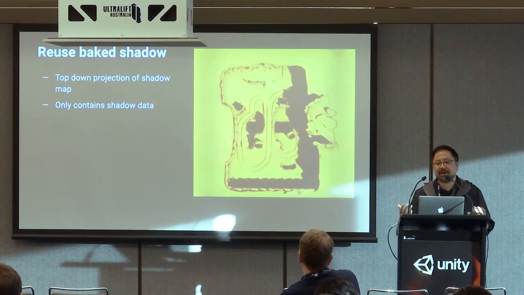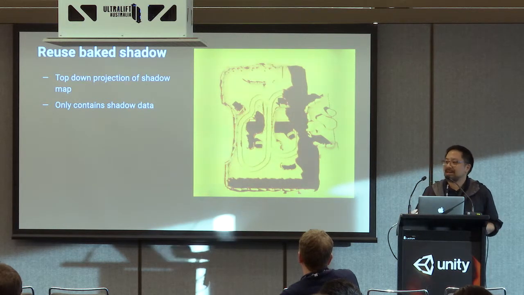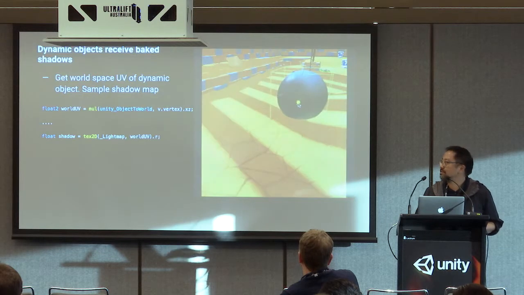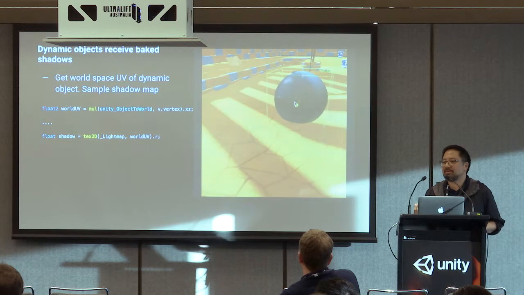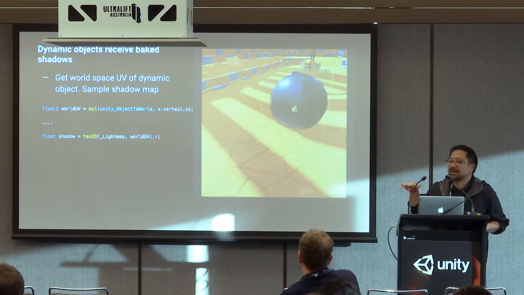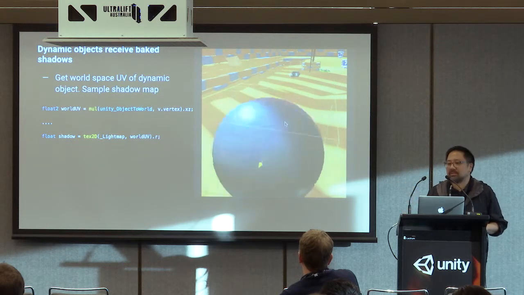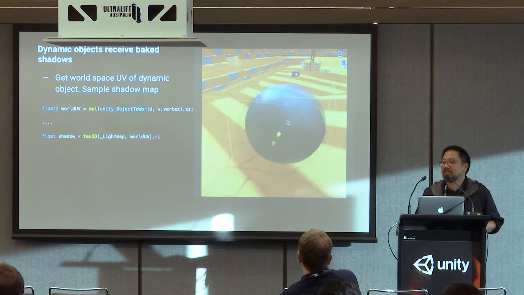So I mentioned before about world space UVs. One cool thing about this is all you have to do is sample the world space position of your object and sample that world space light map. So what happens now is that the projected light map gets on your real-time objects. It's not physically correct, but most people won't notice.